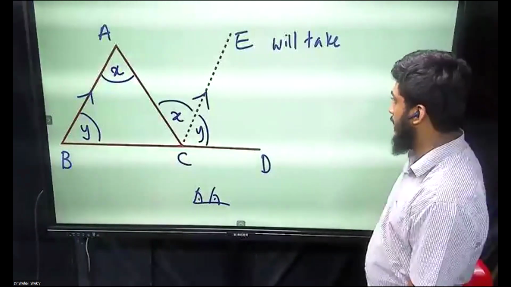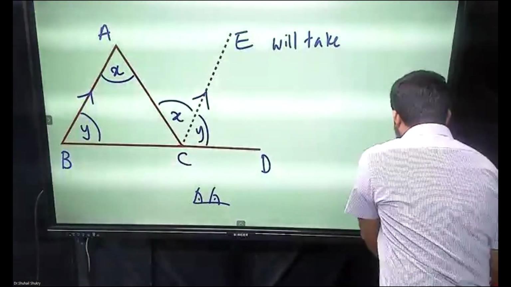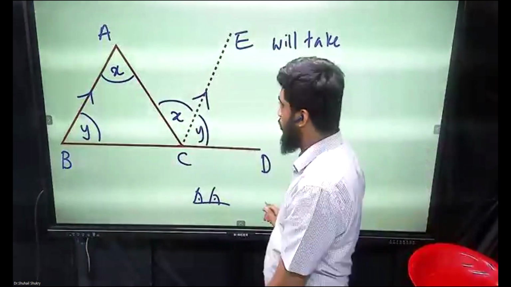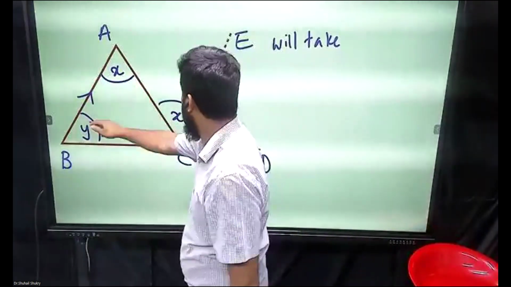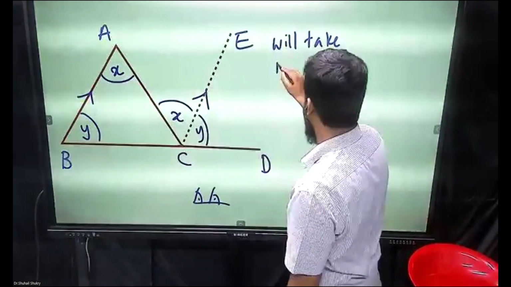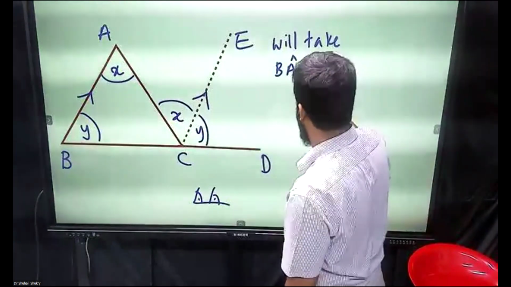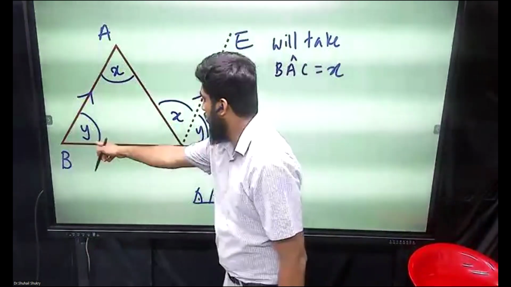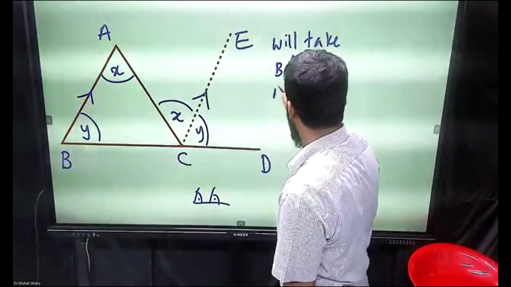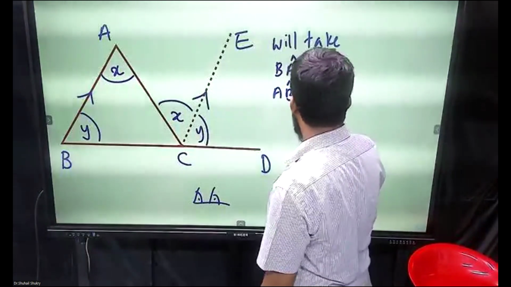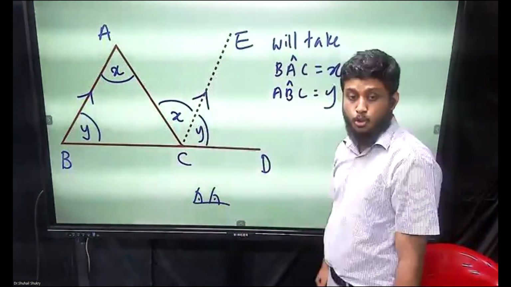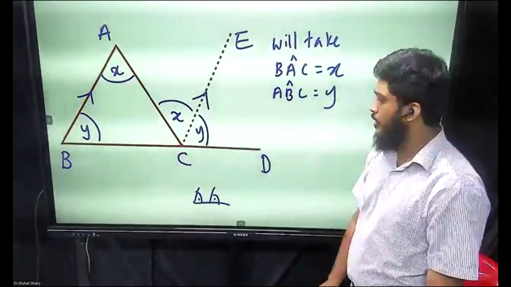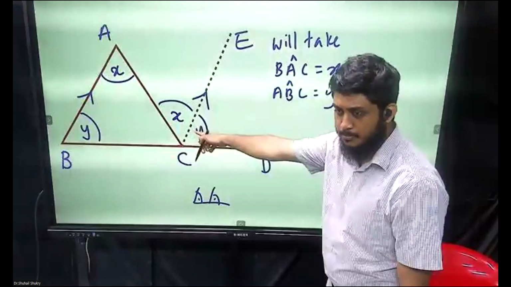Will take BAC equal X, because you only took this one as X. You have to mention BAC as X. Make ABC as Y. First of all you should mention. Very simple way. And now you have to tell this one next.